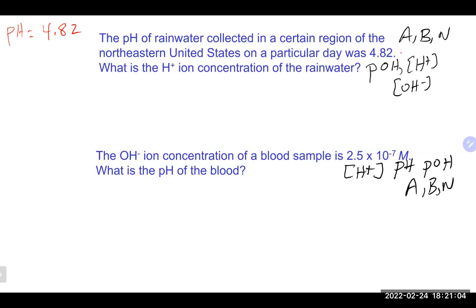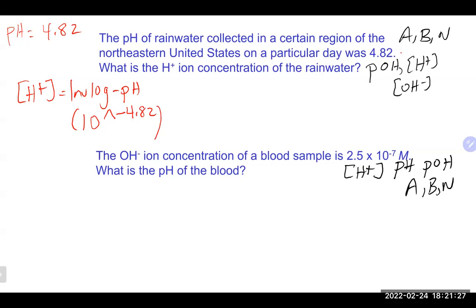We'll do the H plus concentration here since we just talked about it. The H plus concentration will equal the inverse log of the negative pH. On your calculator, it will look something like 10 caret, and we want to make it negative 4.82.